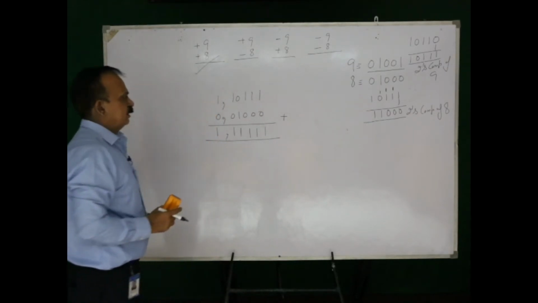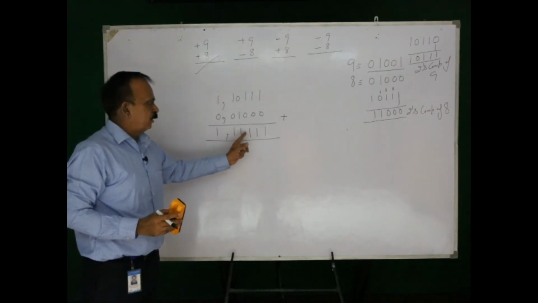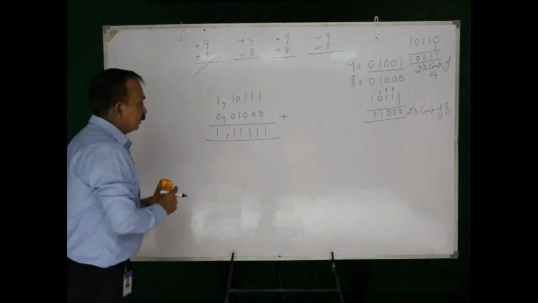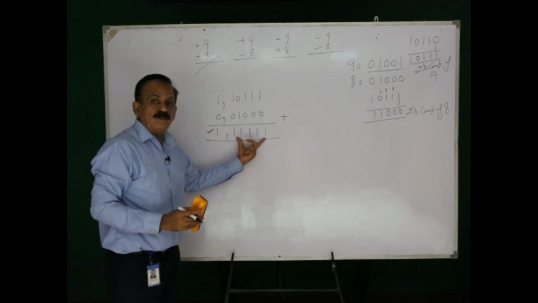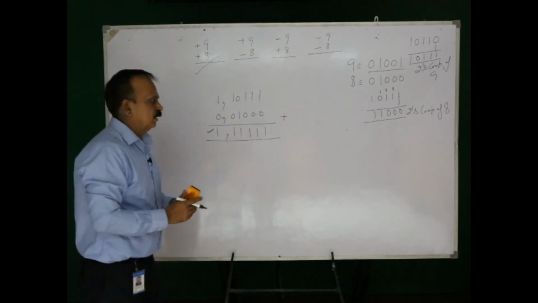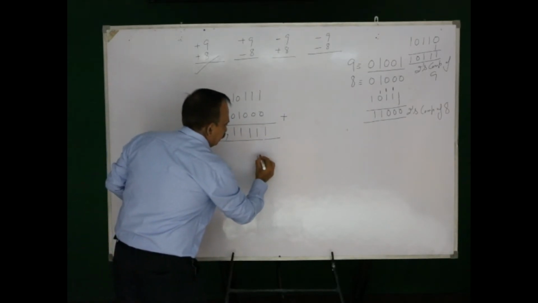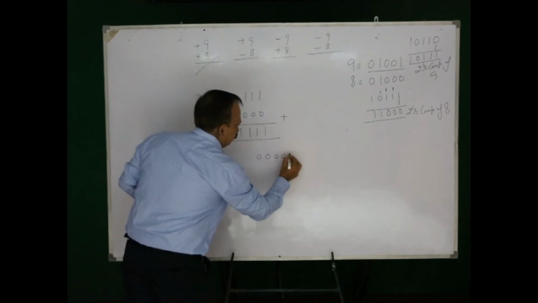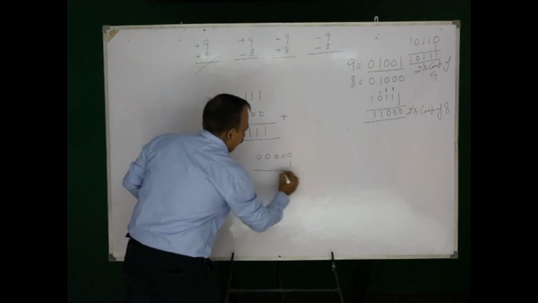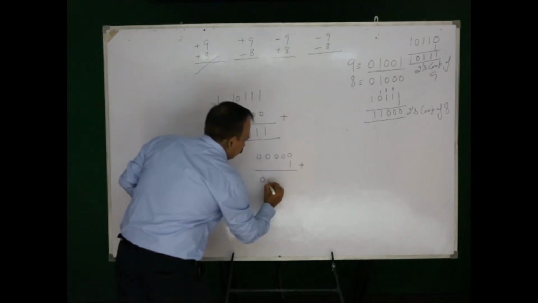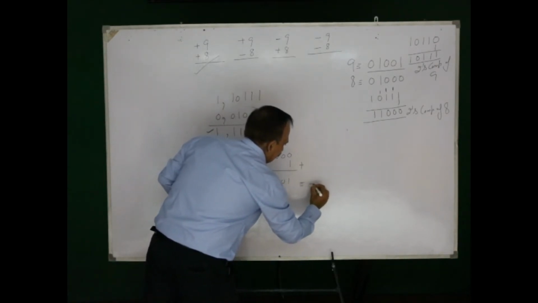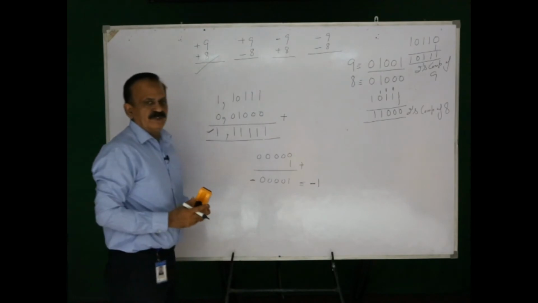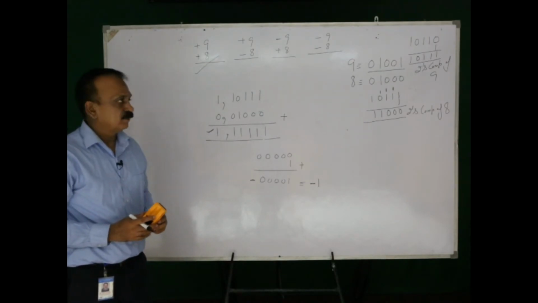This is indicating the result is negative, and this is the 2's complement of the magnitude. Let it be, the magnitude will be 0 0 0 0 0, and 1 is added to that, so the magnitude is going to be 0 0 0 0 1. I hope this result is again minus 1, which is expected.